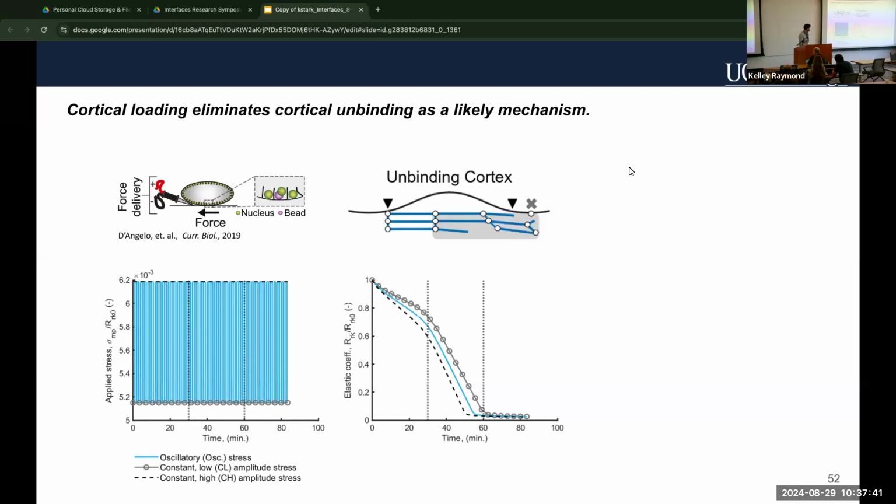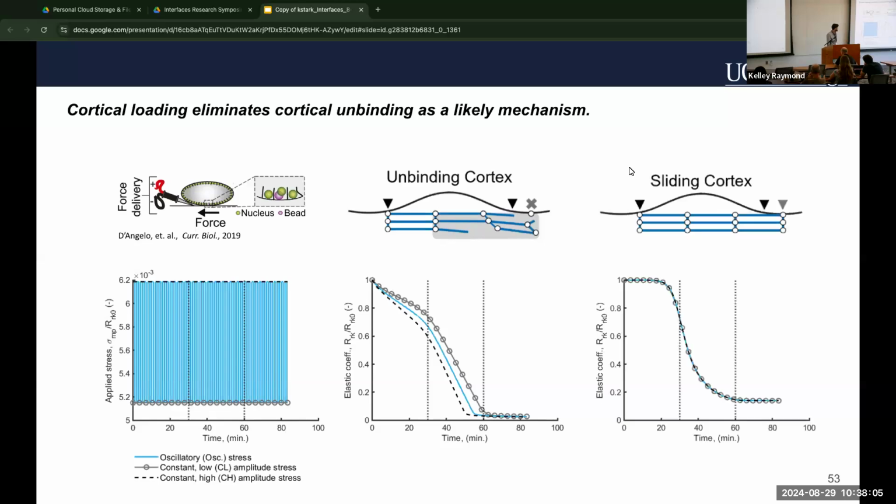With an unbinding cortex, we see that our viscoelastic properties change. That is significant because what D'Angelo found was that when they pull on it, there's no change in the slow or fast velocities or when they occur. If we're creating changes in our viscoelastic properties, that's going to change our velocities. So this is no longer a very viable mechanism. And we use the same order of magnitude stress as they did in vivo.